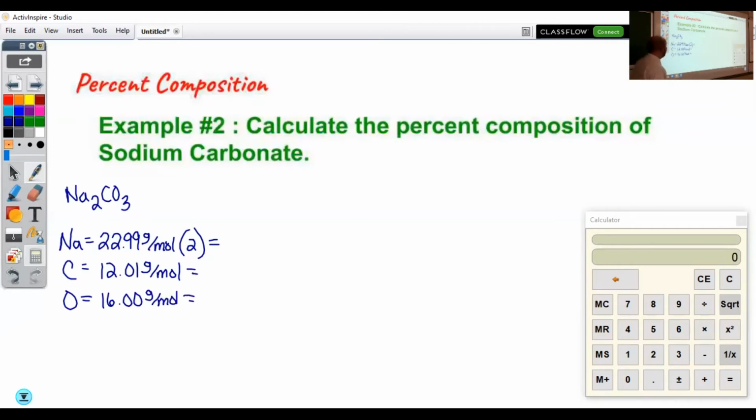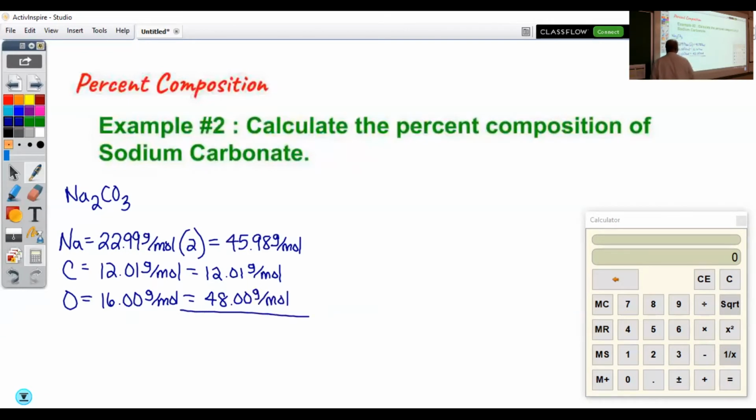So in the case of my sodium, I'll get 45.98 grams per mole, 12.01 grams per mole, and finally 48.00 grams per mole for my 3 oxygens.